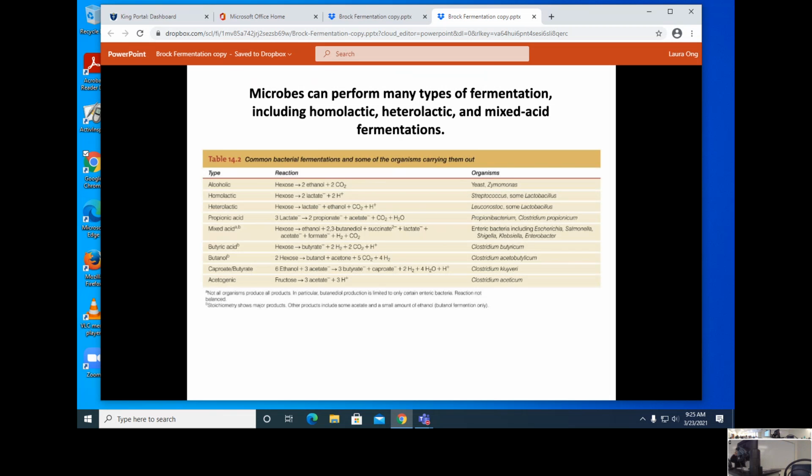So they've got an example here that there's some organisms that can break down a 6-carbon sugar and make ethanol and butanediol and succinic acid, lactic acid, acetic acid, and formic acid. All of it. Mixed acid fermentation.